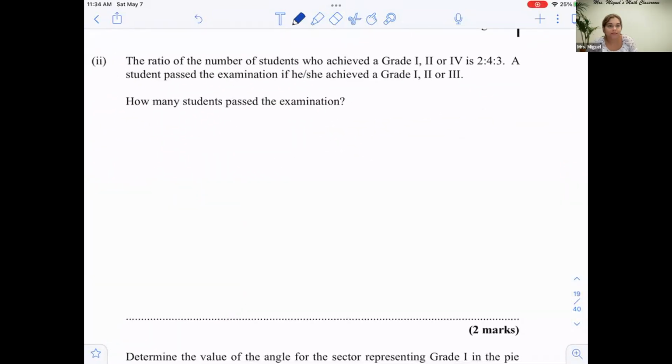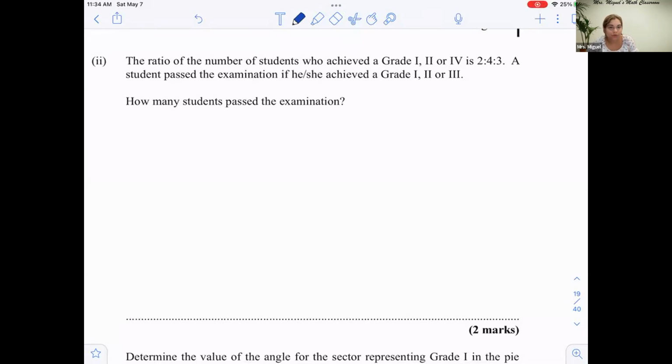So let us read what they give us in the ratio question, because everything that they want you to answer is in the question, especially in ratio.